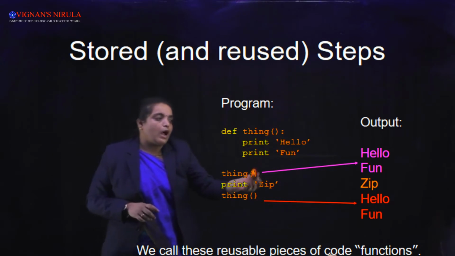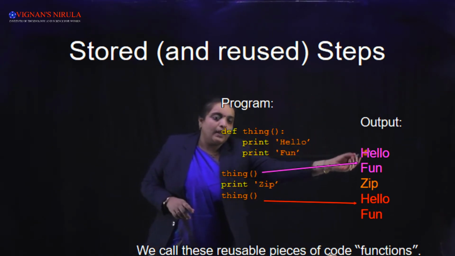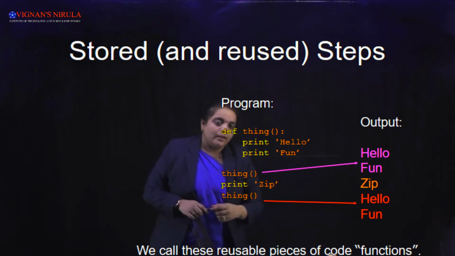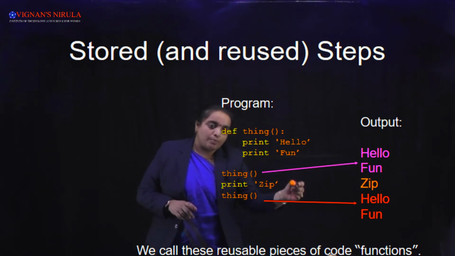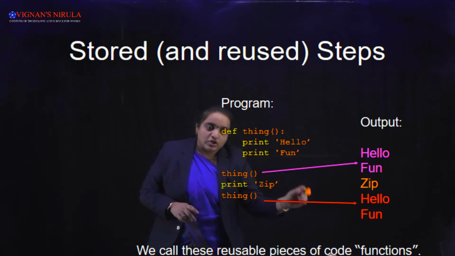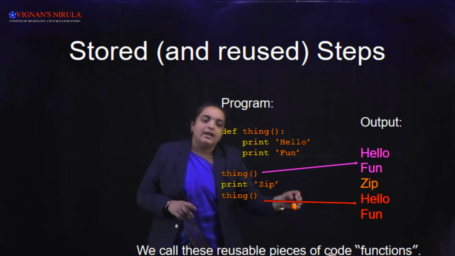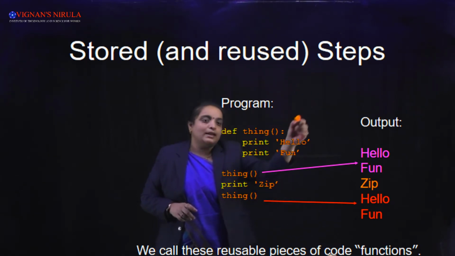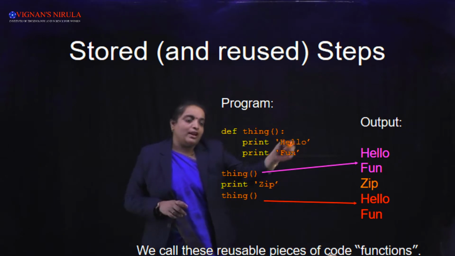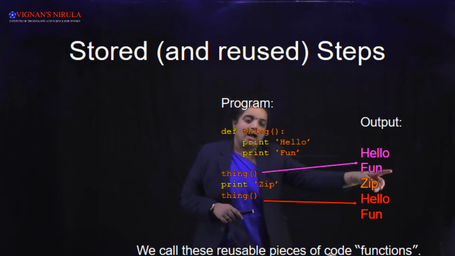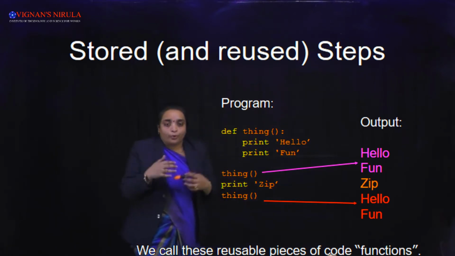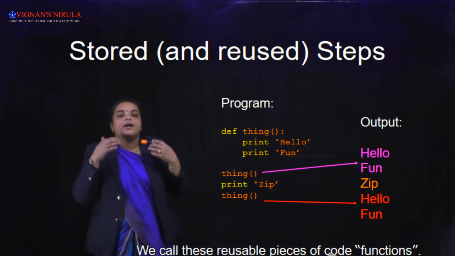So the output printed here is hello and fun. Clear? Then it will come back to the program and print the statement that is here, that is zip. Then again it will call the function. Again the function will have the two statements, hello and fun, printed. So in this way, in a program you will reuse your function code.